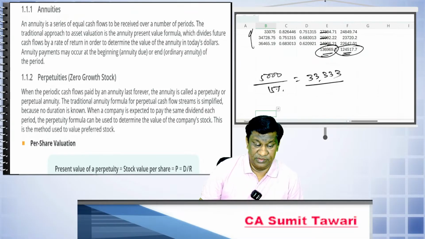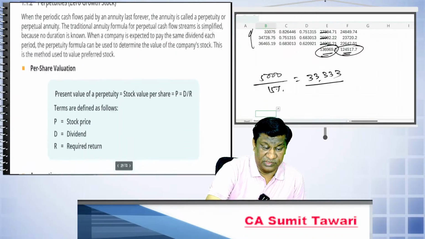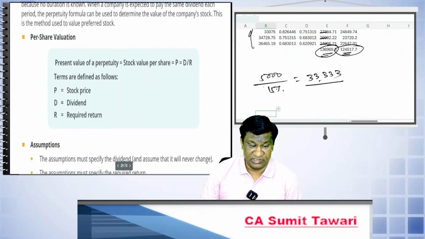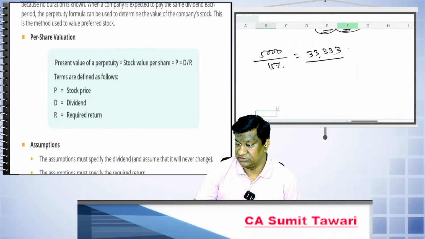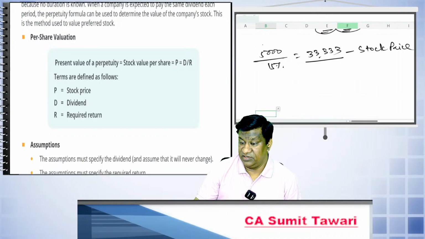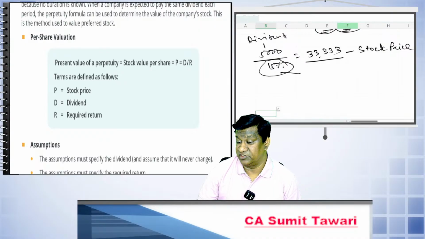You can consider here the stock price that we need to calculate. This is the stock price we are calculating. This is the dividend, meaning the single amount we are getting every year, the same amount every year, and this is my expected rate of return.